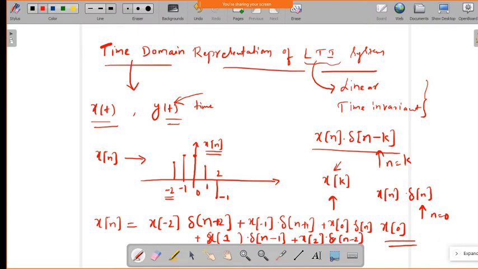So now we have represented x of n in terms of time shifted impulses. Right now we have only the indices between minus 2 and plus 2.